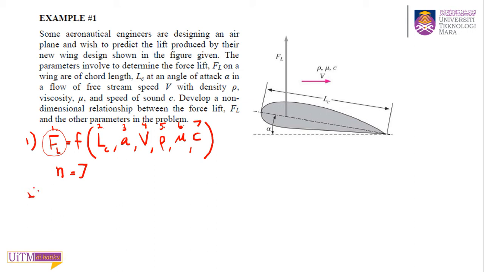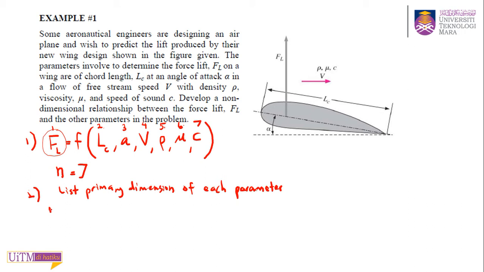The second step is you need to list the primary dimension of each parameter. Okay, so you have 7 parameters. So you need to list down the primary dimension.